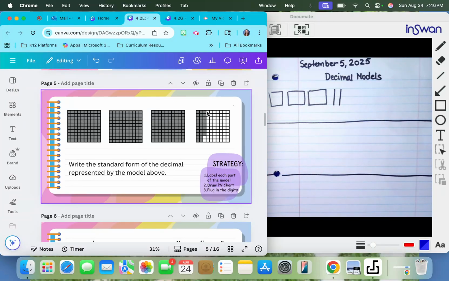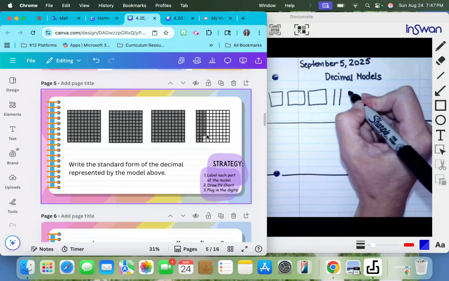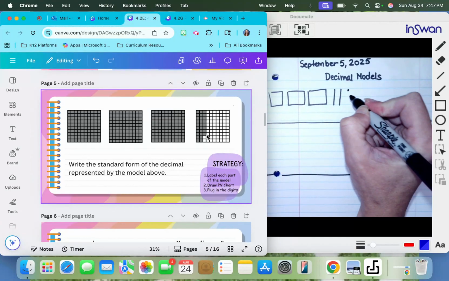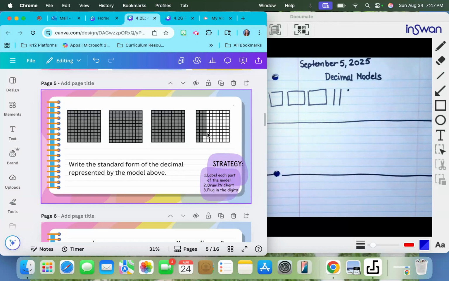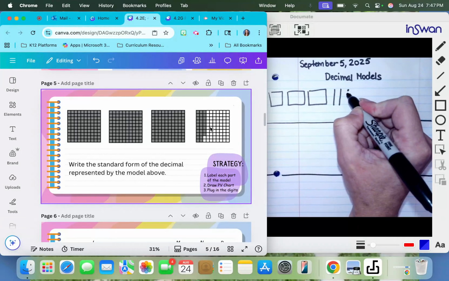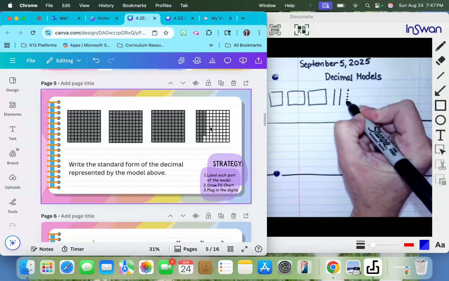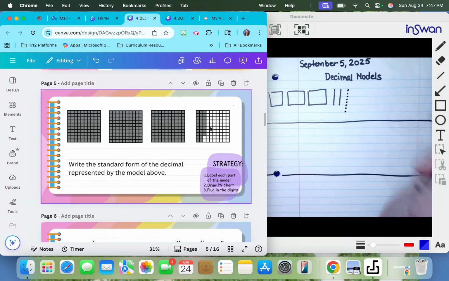And then let's see how many little ones we have here. 1, 2, 3, 4, 5, 6, 7, 8. And these are not actually ones because we're looking at this as a decimal. These are hundredths. Each one of these little squares represents 100th. So these are actually 8 little hundredths. So 1, 2, 3, 4, 5, 6, 7, 8.